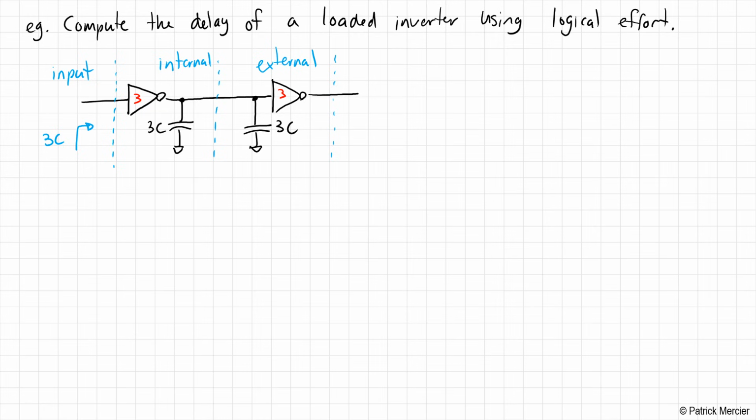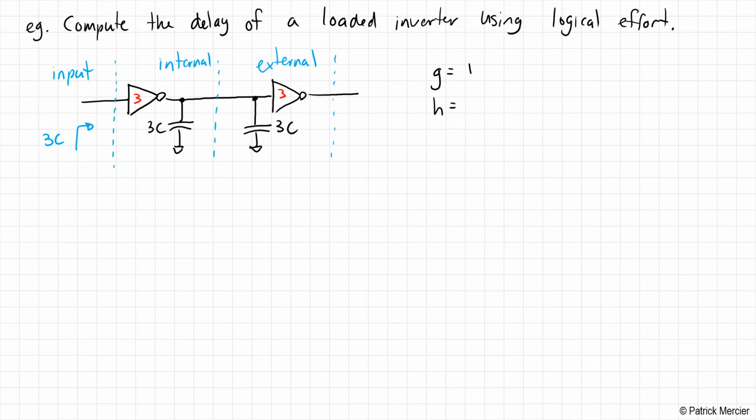All right, so let's go ahead and write down our logical effort expressions for our inverters. The logical effort of an inverter is, by definition, since you're comparing it to an inverter, equal to 1.